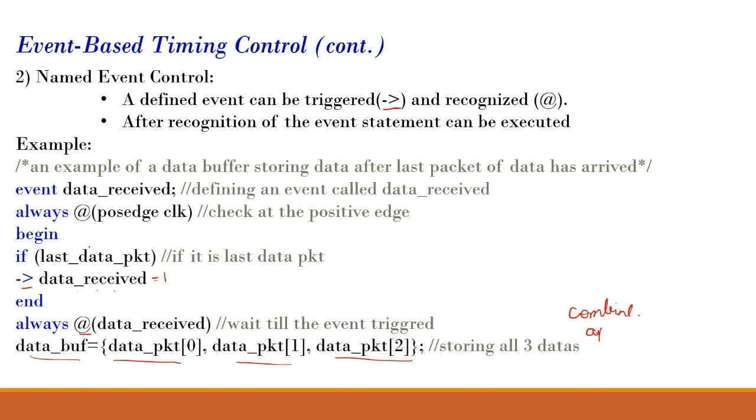When I am executing my code and some condition has been achieved, I will trigger that event using this statement. And once that event has been triggered, it is recognized by this @, and once it is recognized, the code will execute.